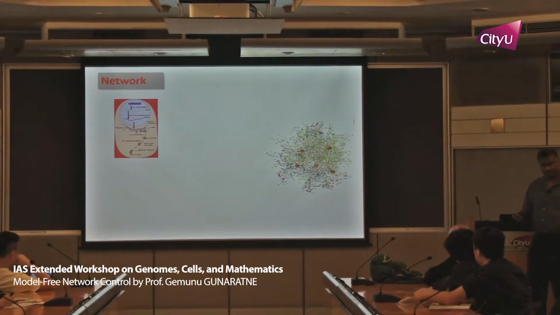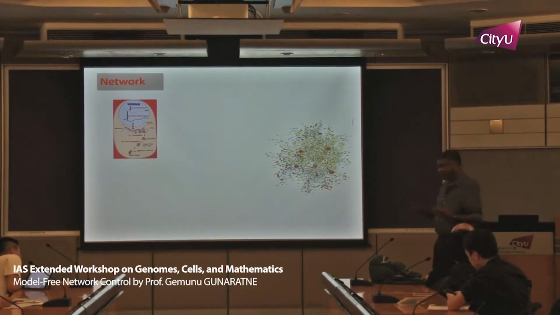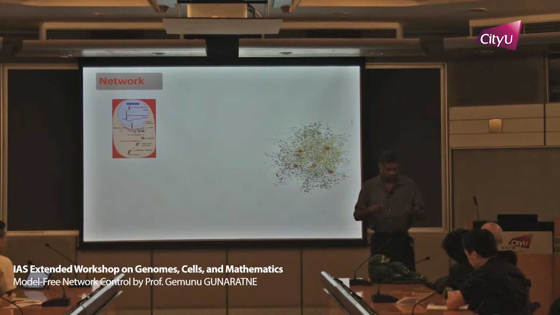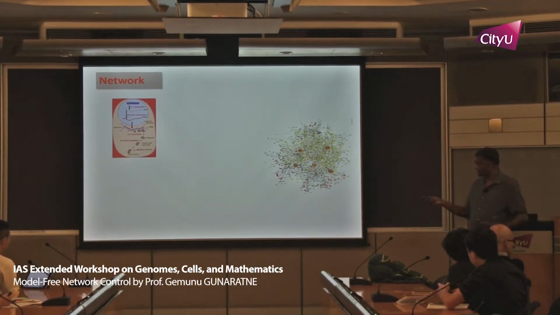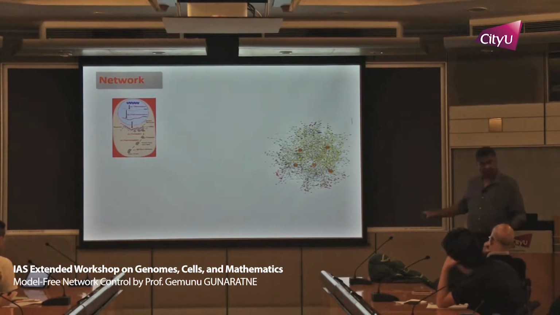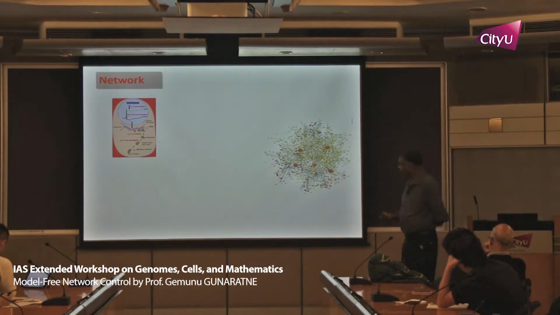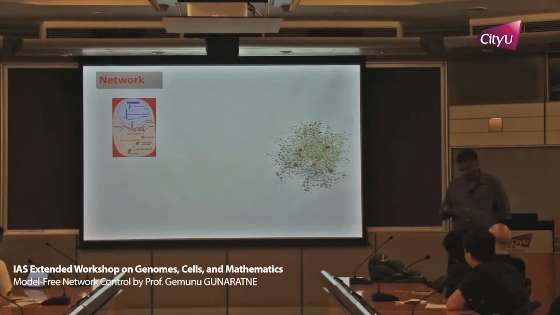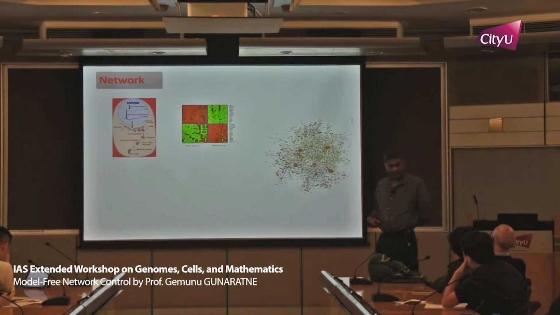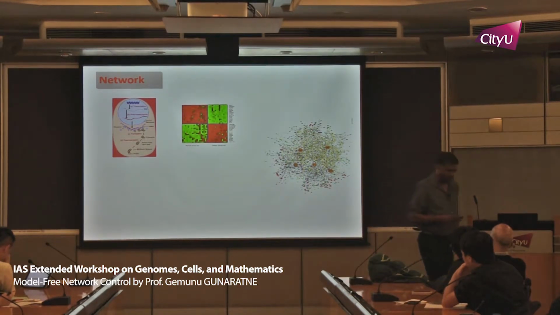There are thousands of genes acting on each other, all of them somehow related to prostate cancer, and that's what this complicated diagram is. The network here has proteins and genes that talk to each other, and once again, it's a very complicated system. You also know that this is complicated in diseases.